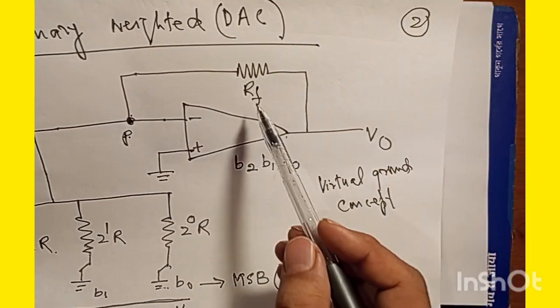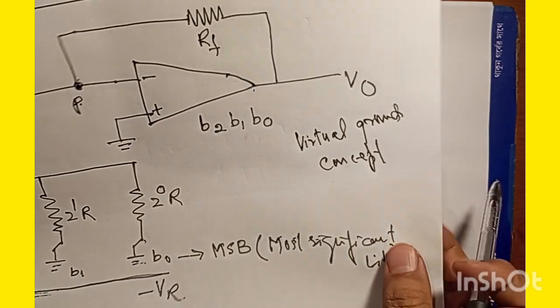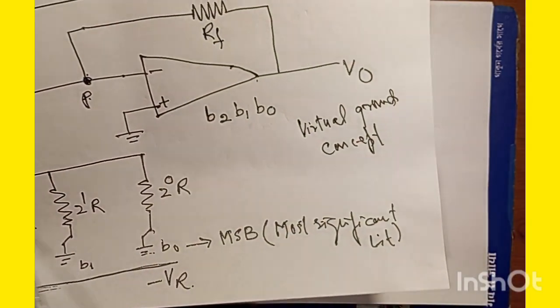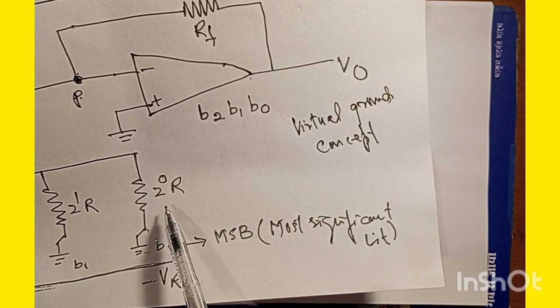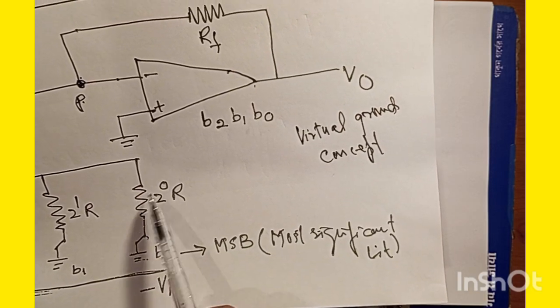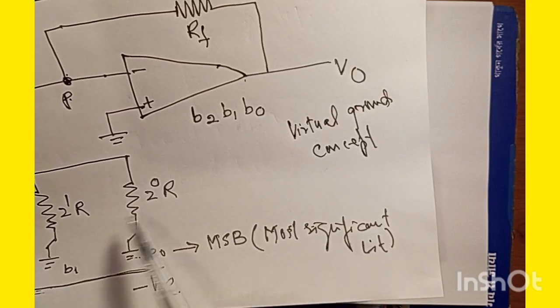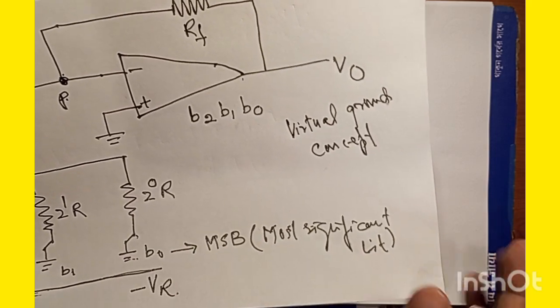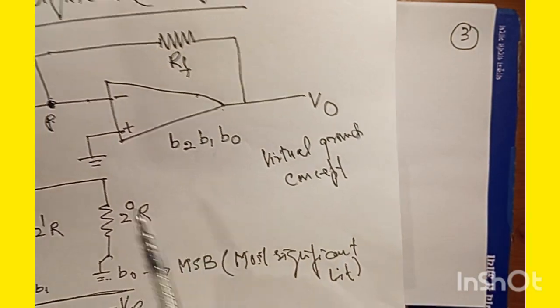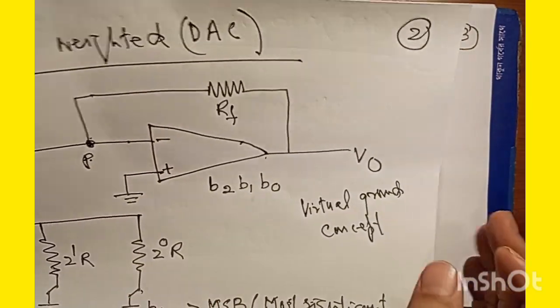We have the feedback resistance here, and the resistors are arranged in powers of 2 to the 0, 1, and 2, with base 2 in every case, because we are talking about bits in this situation.